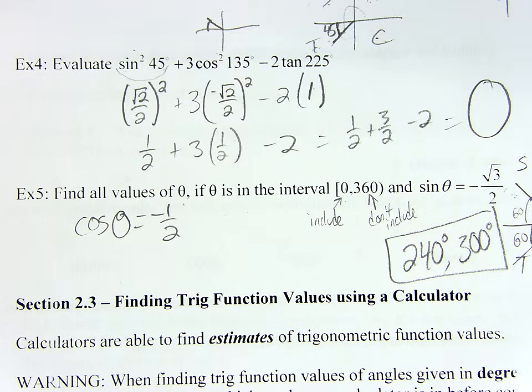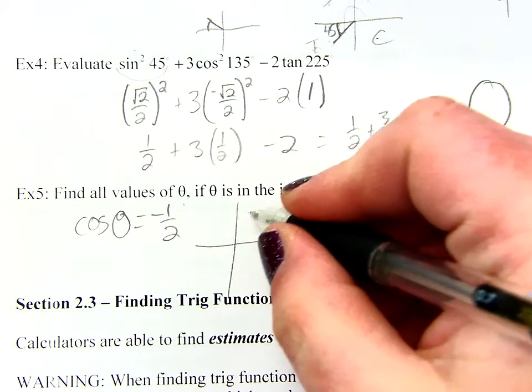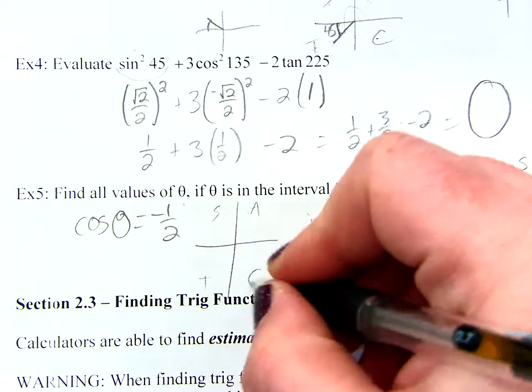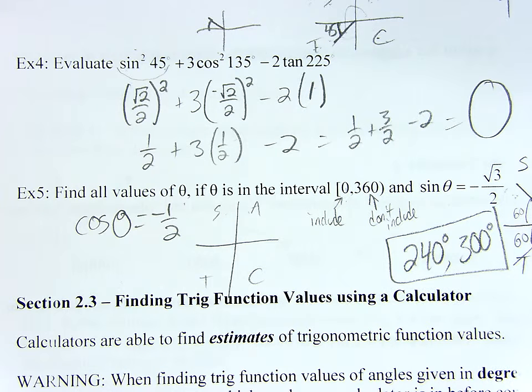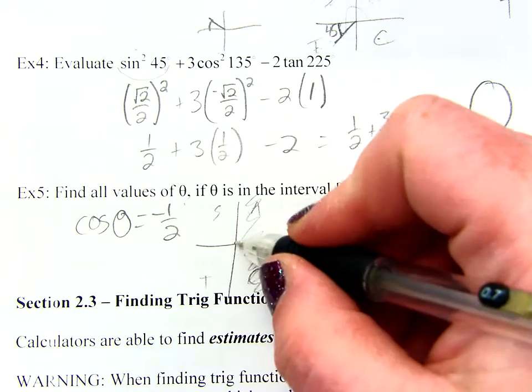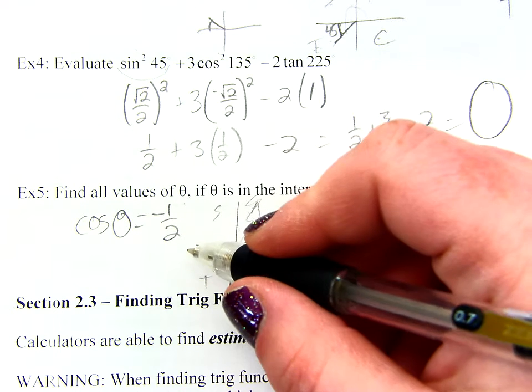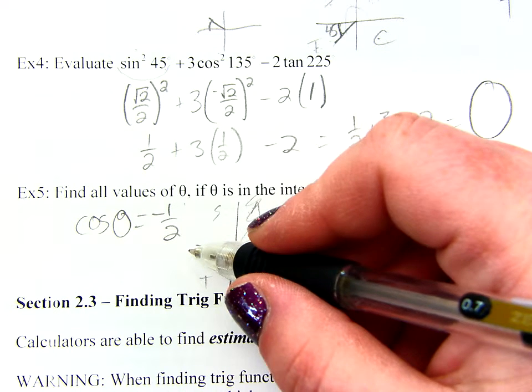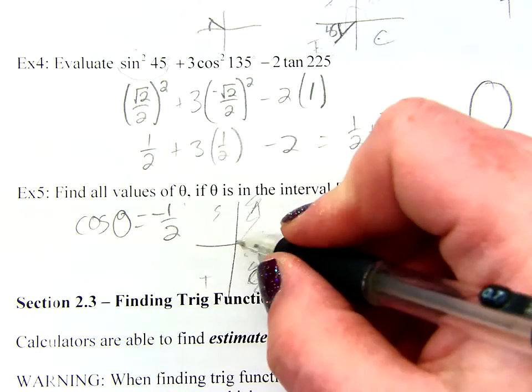What might be helpful: if cosine's going to be negative, what two quadrants are you going to be working with? All Students Take Calc. Where will cosine be negative, in which two quadrants? Yes, in 2 and 3. So I don't have to worry about them over here. I just need to figure out, if you looked on your chart, cosine of 1/2 belongs to 60.